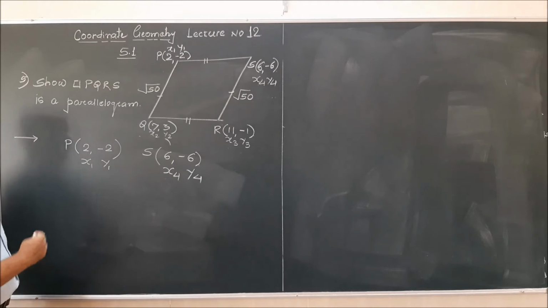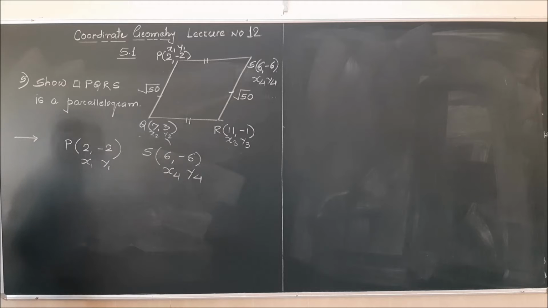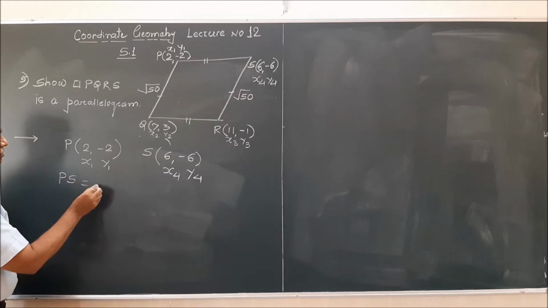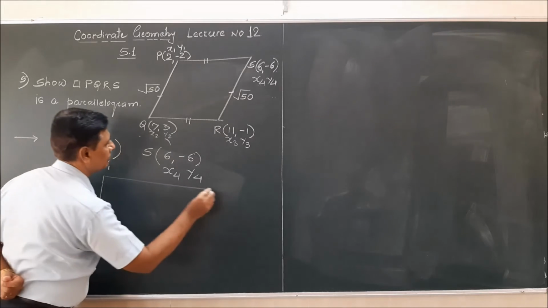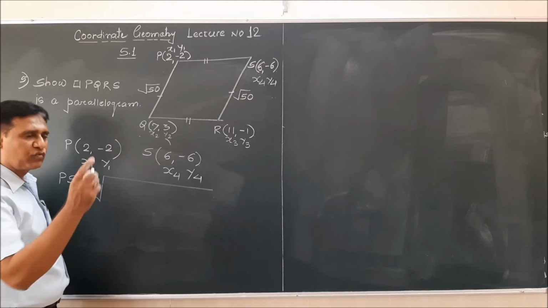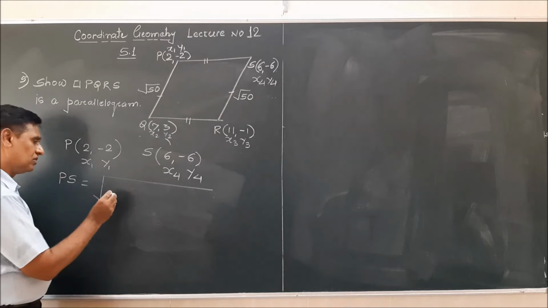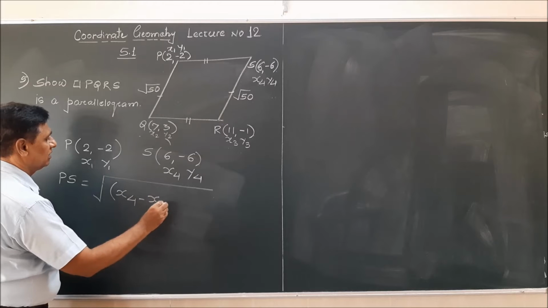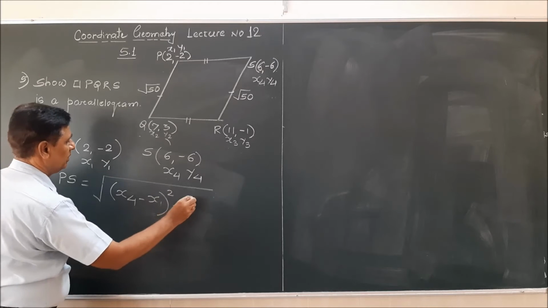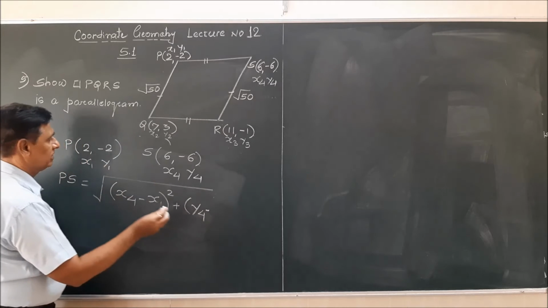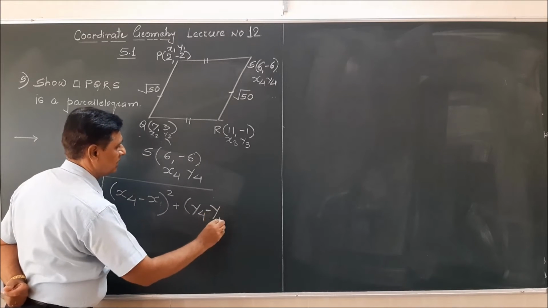Now in this case you will find the second point is S. So again, divide distance formula only. So PS is equal to the root of, second point is S, x4 minus x1 the whole square plus y4 minus y1 the whole square.